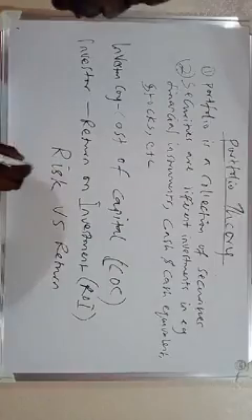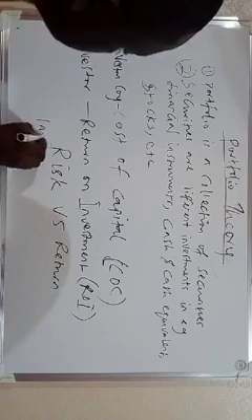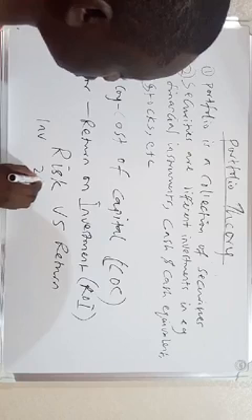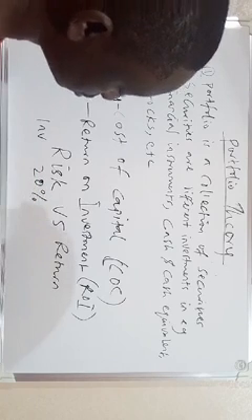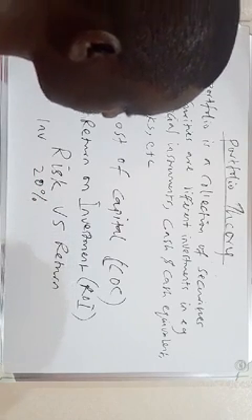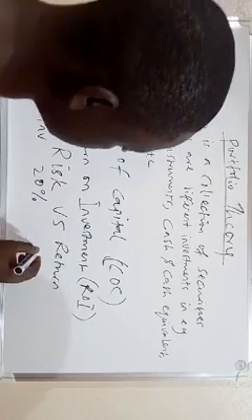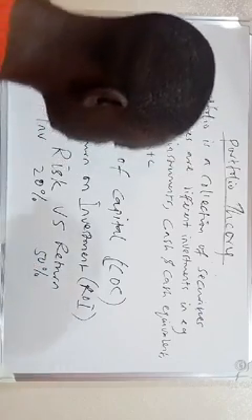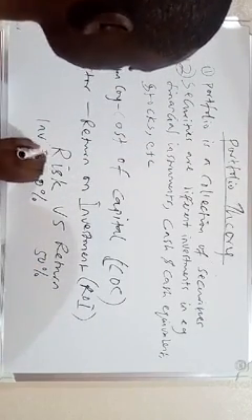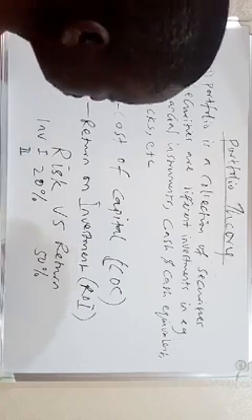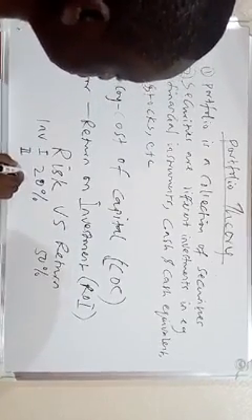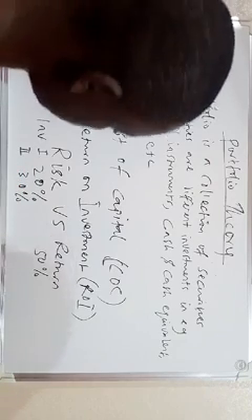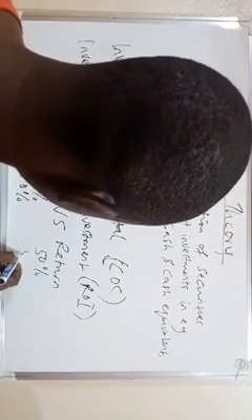For instance, we have an investment with a risk of 20% and a return of, let's say, 50%. Investment 2 has a risk of, say, 30% and a return of 55%.